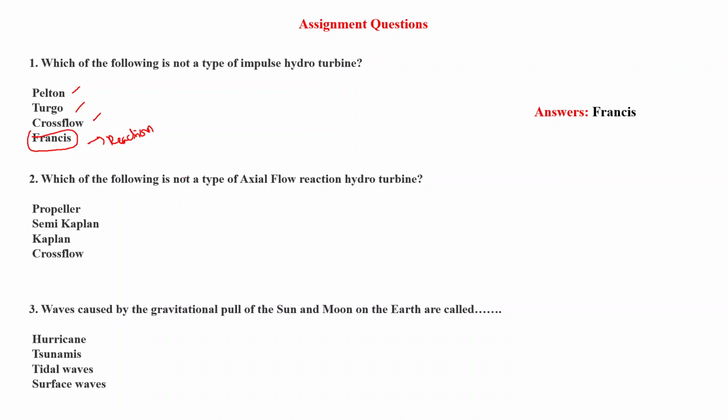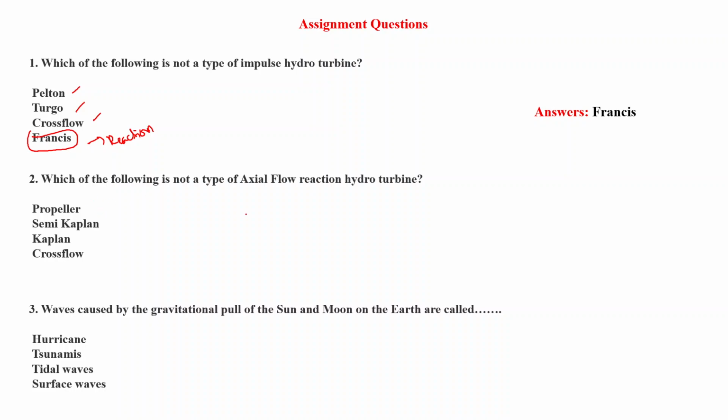Which of the following is not a type of axial flow reaction hydro turbine? Okay, let me tell.